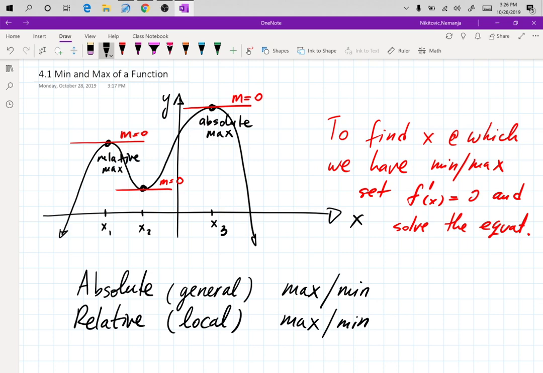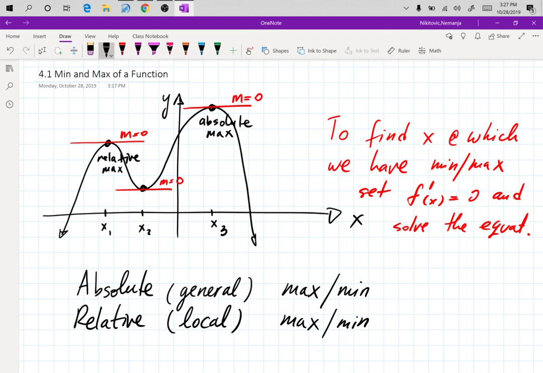The reason it's called relative max is because there is a higher y value, so that one obviously takes the absolute title, and this one is the lower one, so it will be called relative or local. The word local makes a lot of sense because it is a maximum locally, in its own neighborhood.